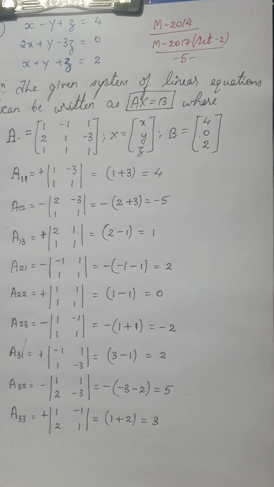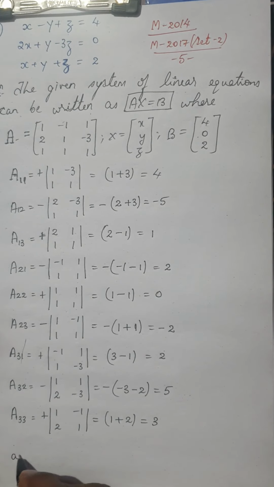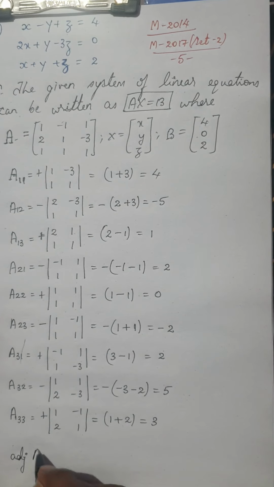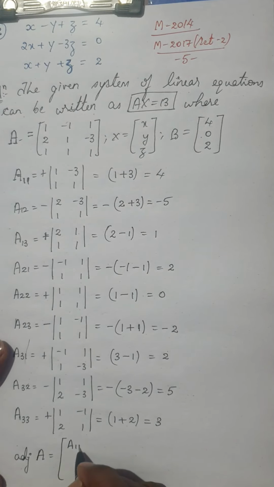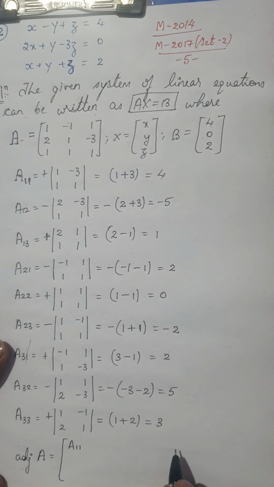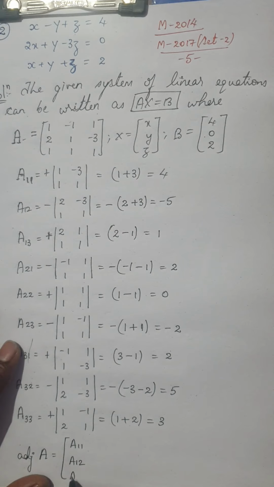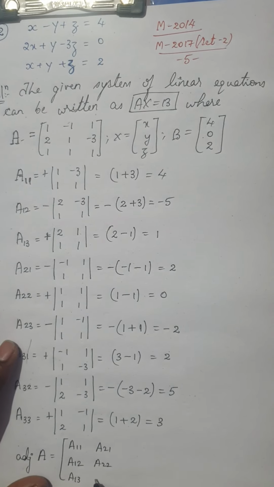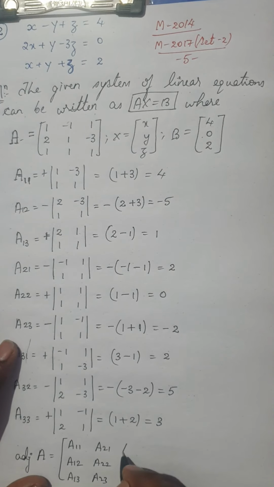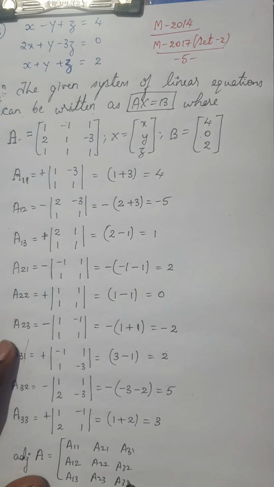Okay, so once you got the cofactor of each element, I'll teach you how to write the adjoint of a matrix directly. Okay, so adjoint of A is, instead of writing it row wise, take its transpose directly. So A11, A12, A13, A21, A22, A23 and A31, A32, A33.